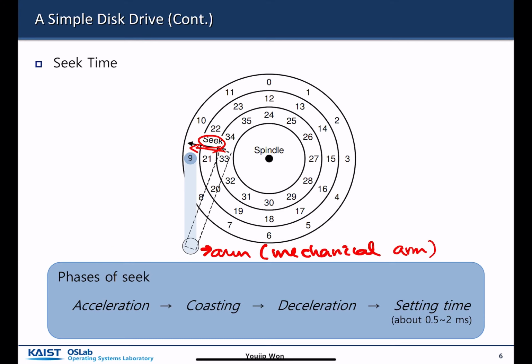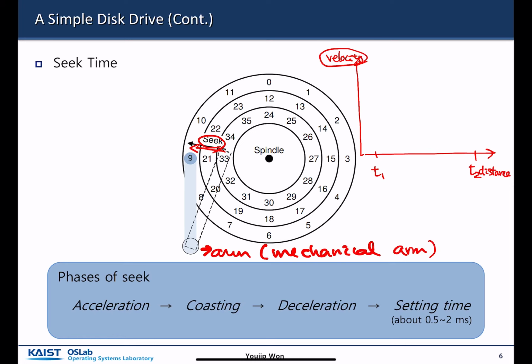So when you move the mechanical arm, let's draw a graph. This is distance, and you have to move the disk head from track T1 to track T2, and this is velocity, where the arm is moving.